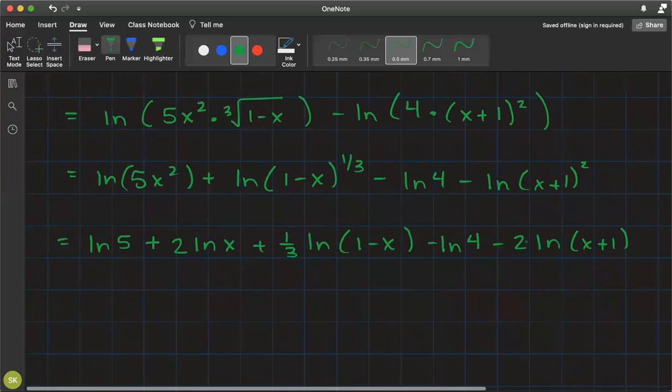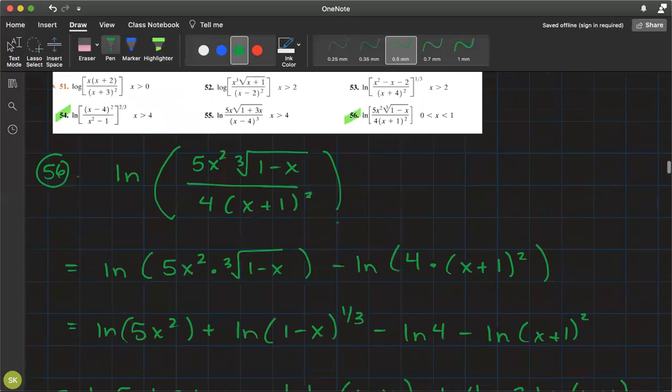Okay, zoom out a little bit. Just want to double check everything. Okay. And I think this is as far as you can simplify it because all of these guys have different things inside the logs, so you can't combine coefficients or anything.